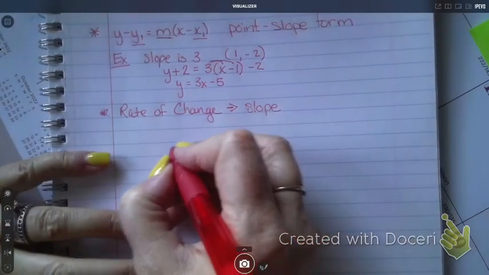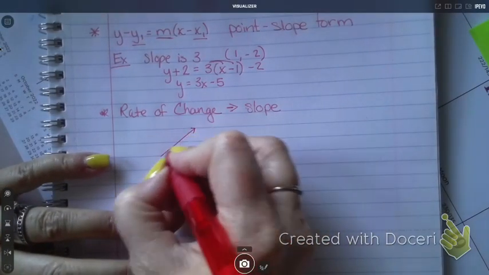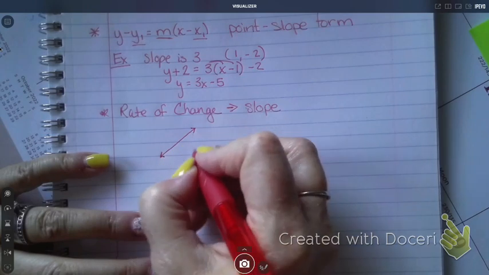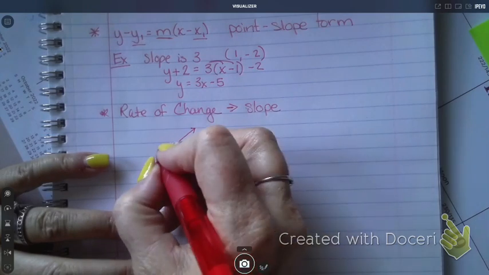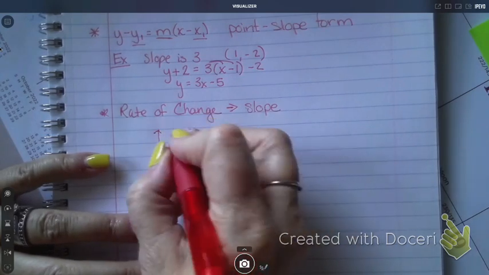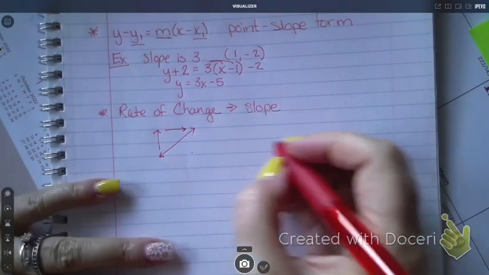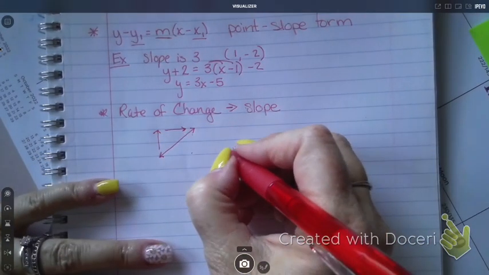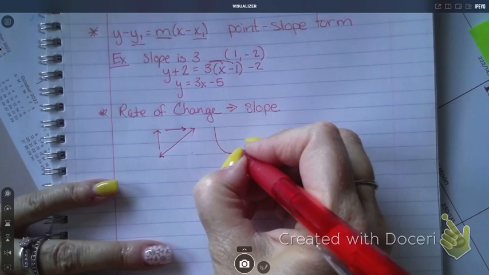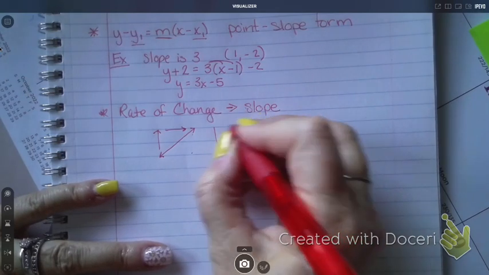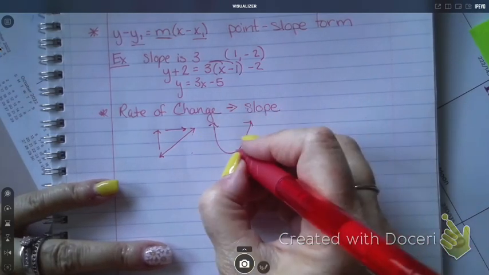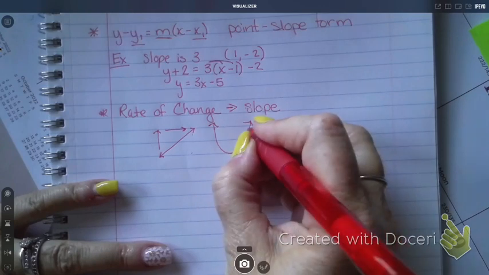On a linear line, my slope would be rise over run, correct? But if I had a parabola, that just simply doesn't work very well. So I'd have a point here and a point here.